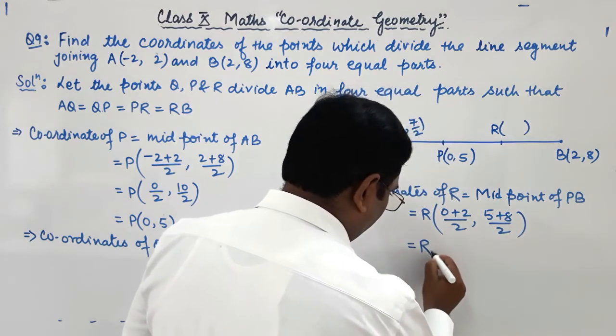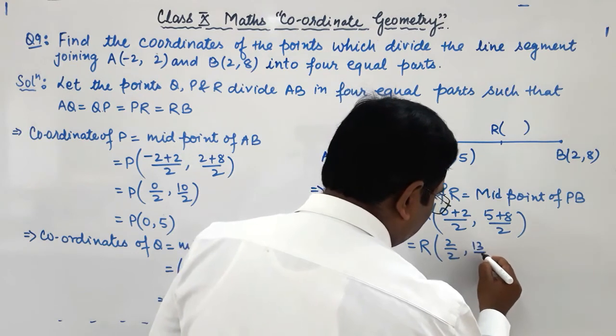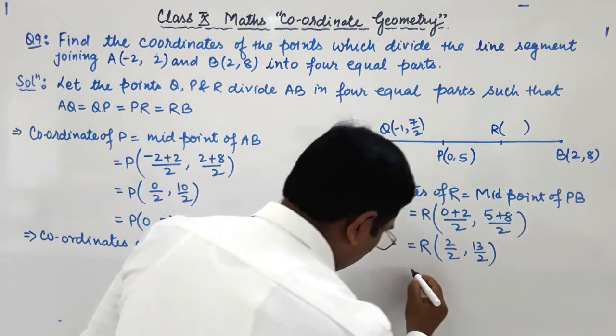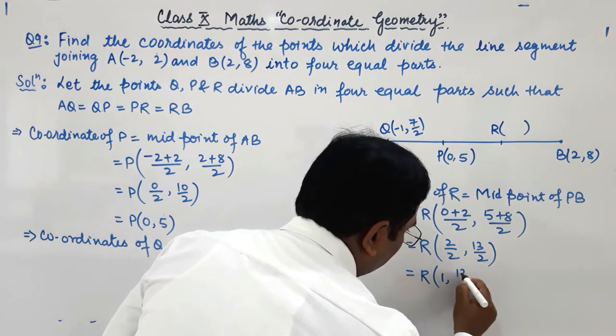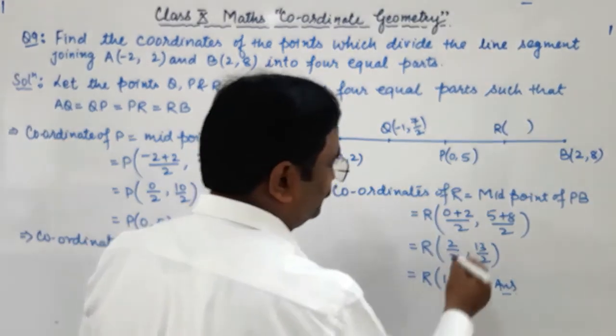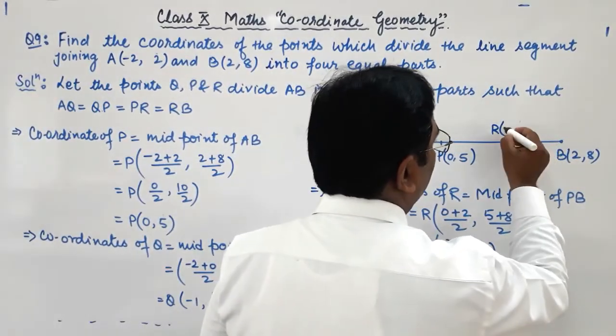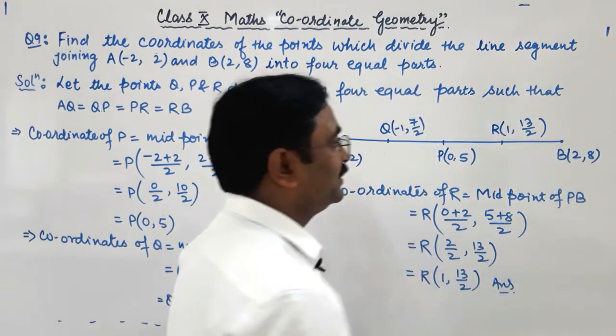Therefore the coordinates of R are 2 upon 2 and 8 plus 5 is 13 upon 2. So you will get the coordinates of R as 1, 13 by 2.